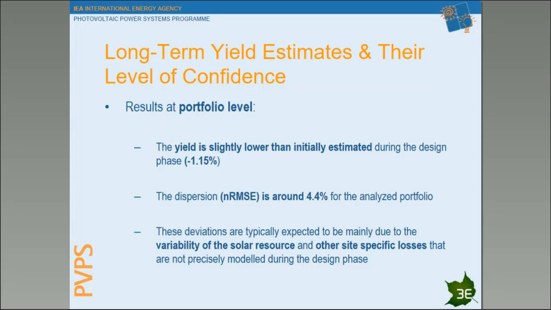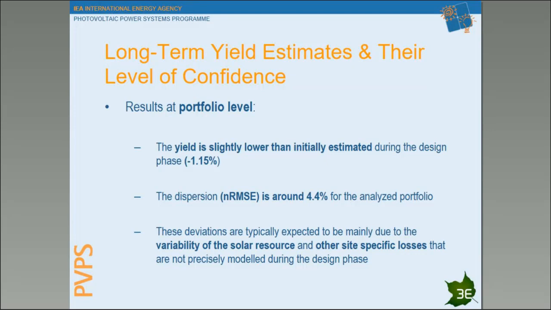The reasons may be, yeah, we can start from this. But what is interesting and to stress is that actually the dispersion, the root mean square error across the portfolio, is around 4.4%, which shows that these deviations are typically expected, mainly because of the variability of the solar resource.